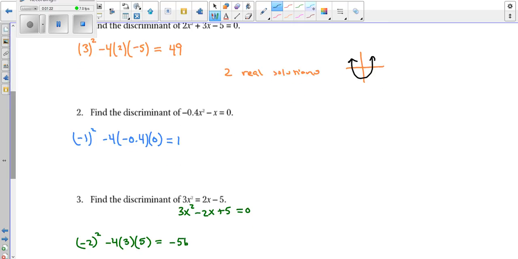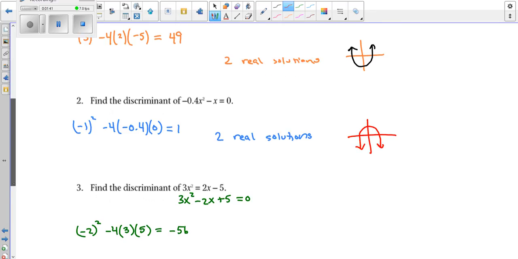In number 2, because your discriminant is again positive, you also have 2 real solutions. The only difference is when you graph this one, your a value is negative, so your function is going to open down when it hits the x-axis.